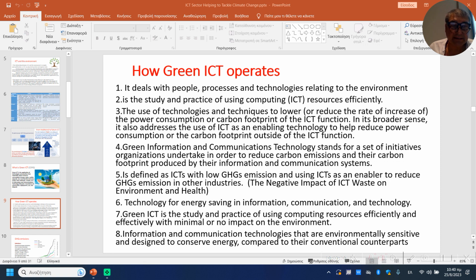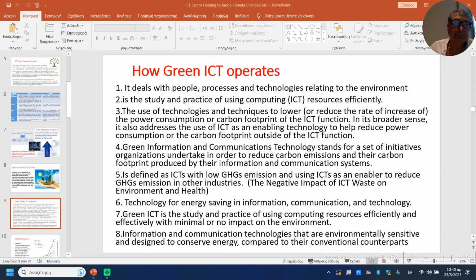The green ICT is the study and practice of using computing resources efficiently and with minimal impact on the environment.